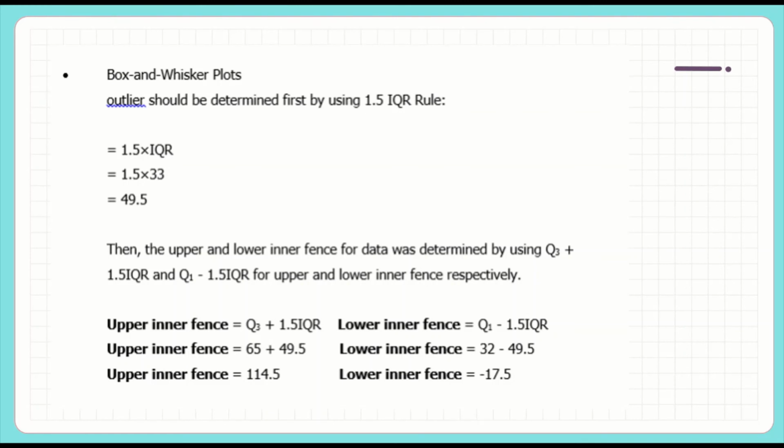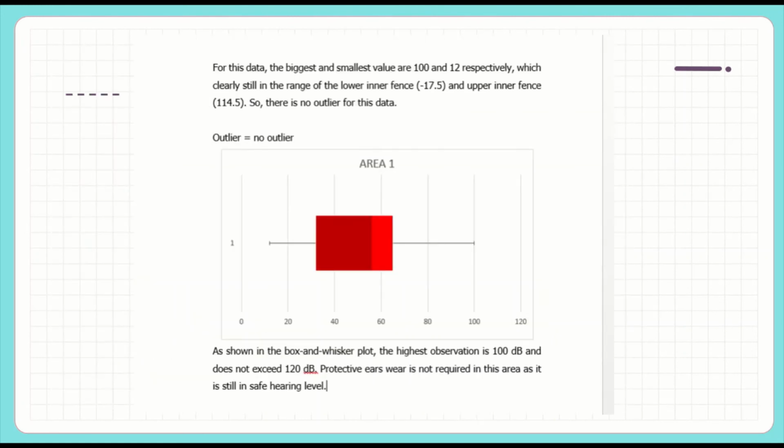114.5. As for the lower inner fence, the formula is the first quartile minus 1.5 interquartile range, which is 49.5, we got the lower inner fence as negative 17.5. For this data, the biggest and smallest values are 100 and 12 respectively, which are clearly still within the range of the lower inner fence, negative 17.5, and upper inner fence, 114.5.